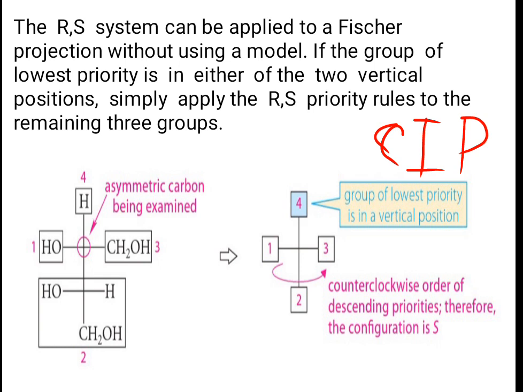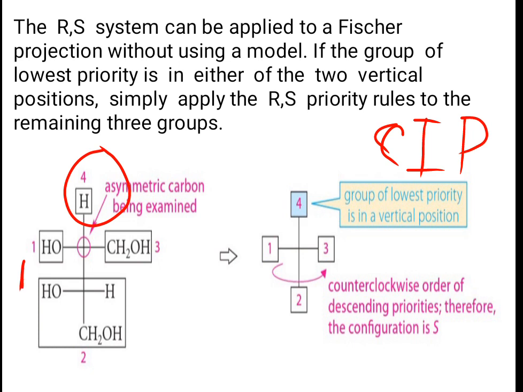And if the lowest priority group in a Fischer projection is in a vertical position, then you can just apply the RS or CIP rule on the other three priority atoms.